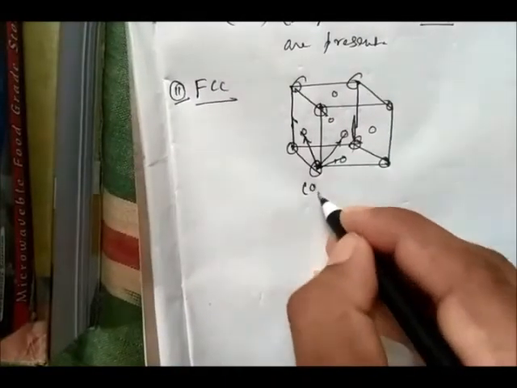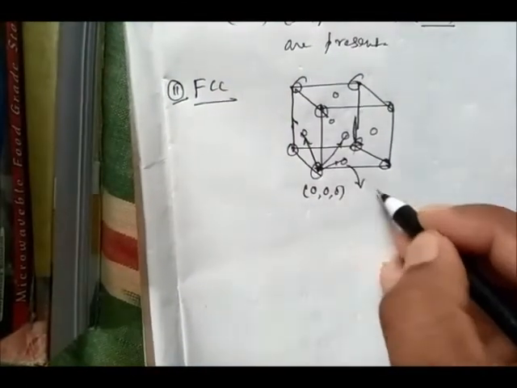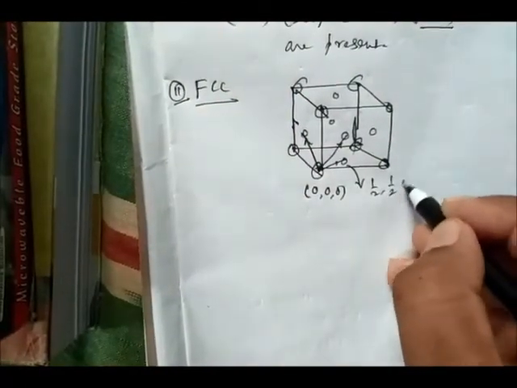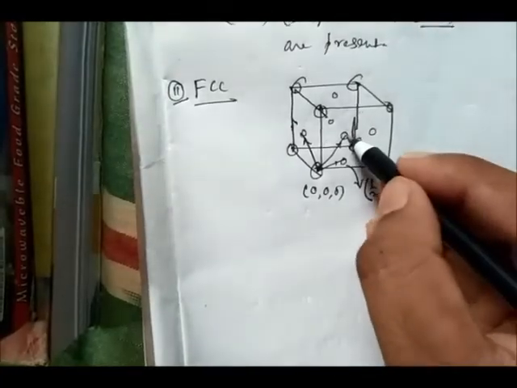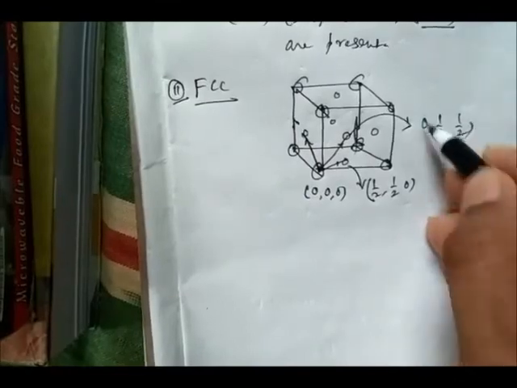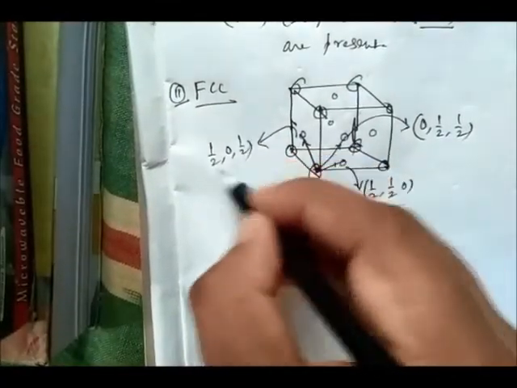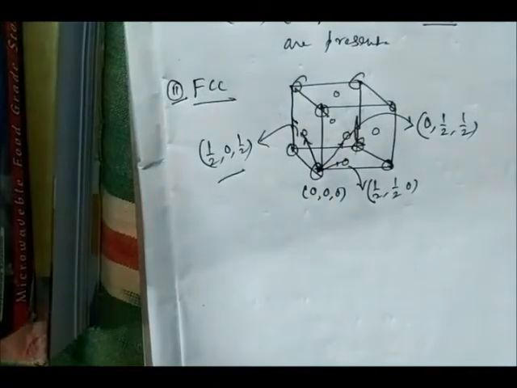Now this origin is 0 0 0. This should be either half half 0, this may be 0 half half, or this may be half 0 half, and the rest of the part I can generate from this general system.